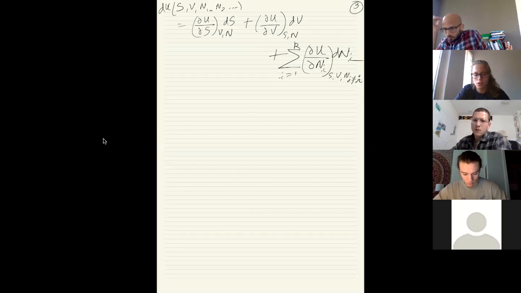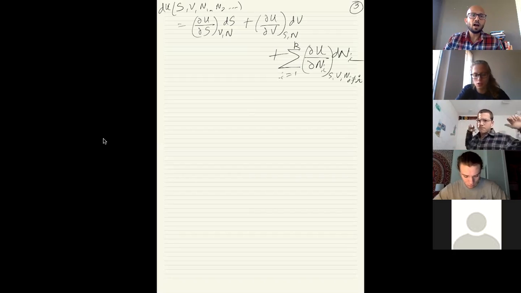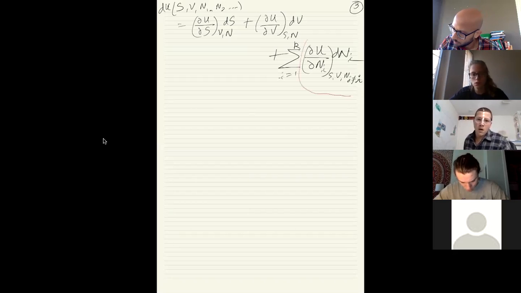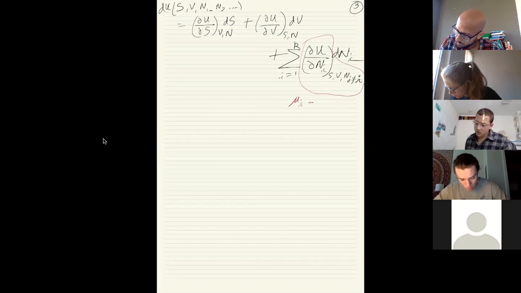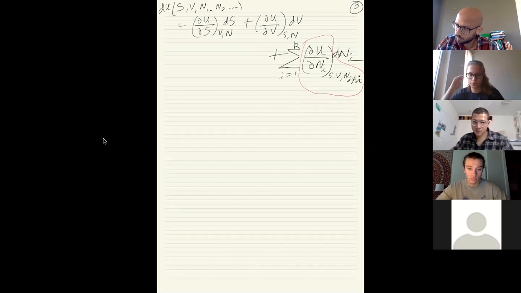So the thing that I showed in class last time, and you should go and look back at your notes because I did it in detail, is to show that this term over here is also the same chemical potential that we defined earlier. Even though it looks like other things are held constant, it is the same.